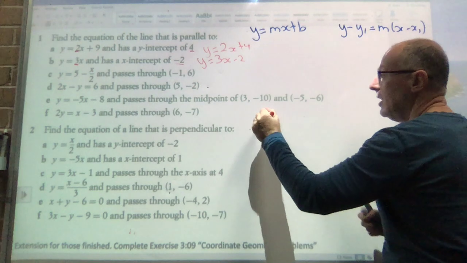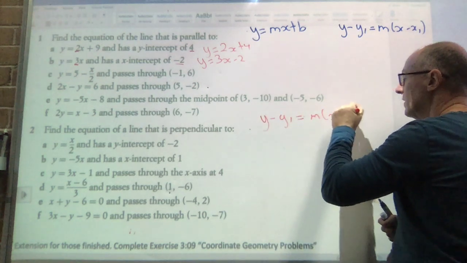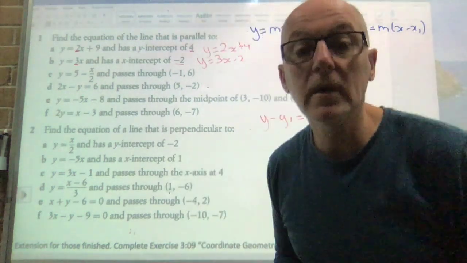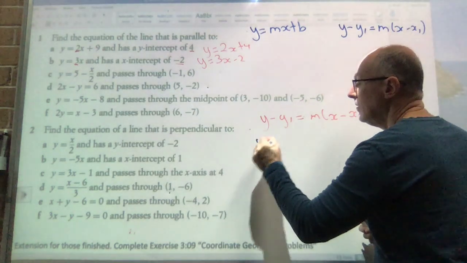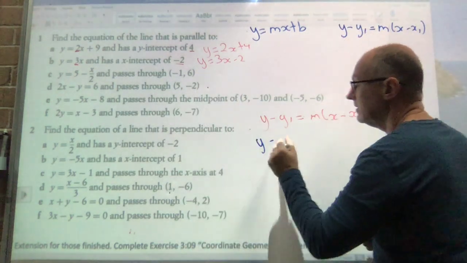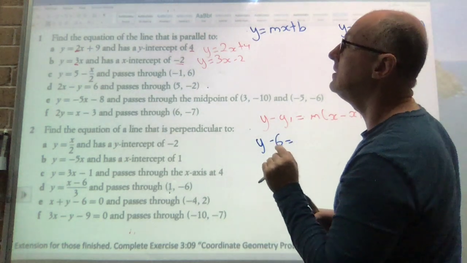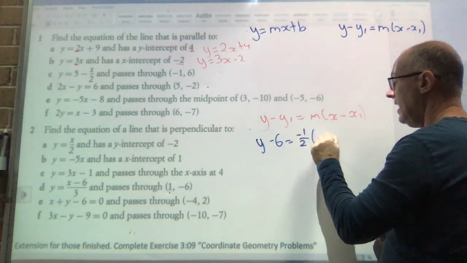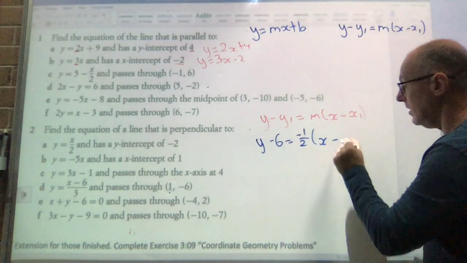So here's the formula, y minus y1 equals m(x minus x1). There's our formula. Just make sure it's still recording, which it is. Good. And I'll go on. So y minus 6 equals the gradient, which is minus a half, times x minus 1, or x plus 1.